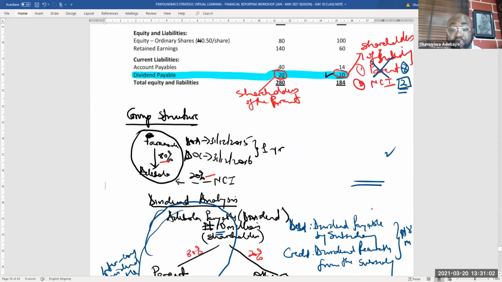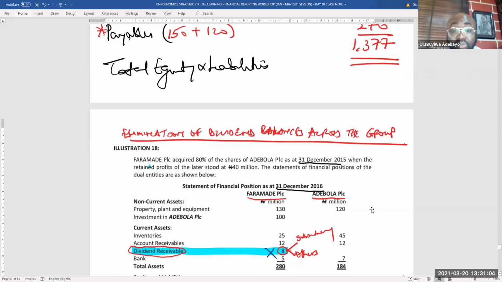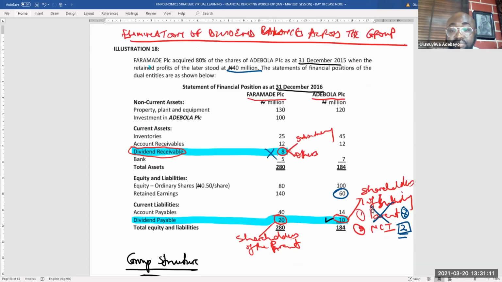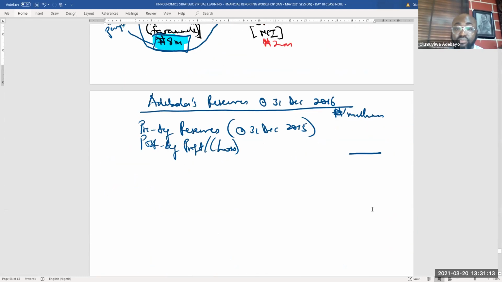What is that? As at acquisition, the reserve stood at 40, but today the reserve is what? 60. 60, 40. What is the balancing figure?